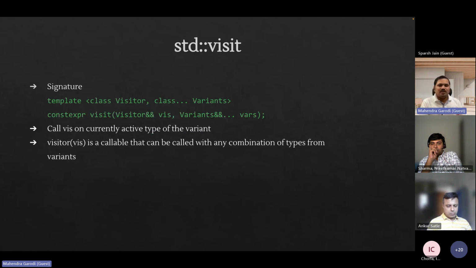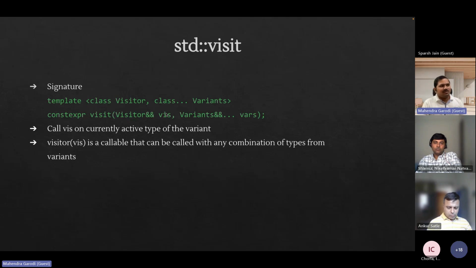So this is my favorite utility, std::visit. It basically implements the visitor pattern on variant. So it works like that. For example, you will have this visit and you will pass some visitor here, and this will get called on whatever is the active member of a variant, right?